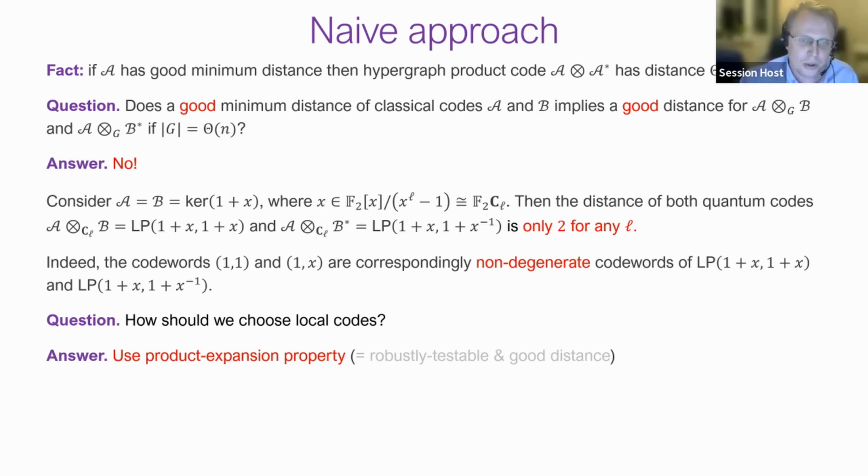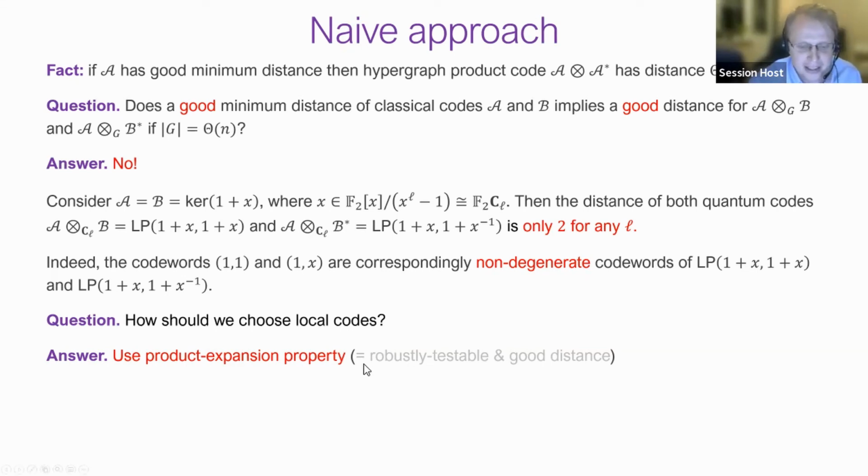If you choose this local code arbitrarily, it looks like this construction doesn't work. It may be that you could obtain codes with just constant minimum distance, not linearly growing minimum distance. That is why it is really important to choose this couple of codes that have this special property that we call product expansion.